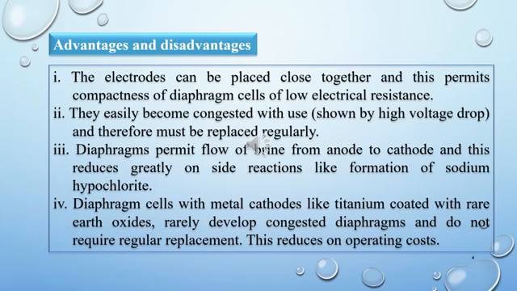The second point is that the electrodes become easily congested with the passage of time or with usage. The third point is that it will not permit the chlorine to react with sodium hydroxide to form sodium hypochlorite. And at the end, we have discussed how we can get rid of regular replacement: by using electrodes coated with rare earth oxide metals.